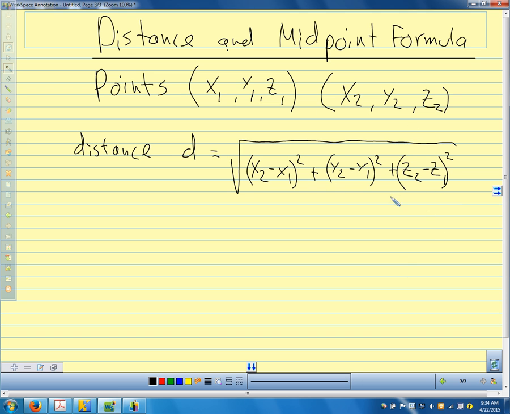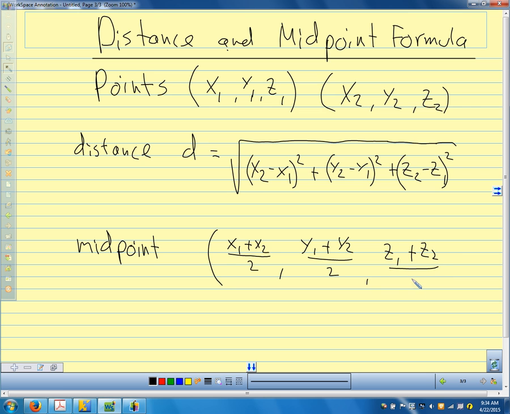So we're just adding the extra piece for the z coordinate. Basically we're doing the Pythagorean theorem twice to get this. This first part looks just like our distance formula in the plane. Just add the z part. And our midpoint between these 2 points, just like our midpoint formula in the plane, is the average of the coordinates: x1 plus x2 divided by 2, y1 plus y2 divided by 2, and z1 plus z2 divided by 2.